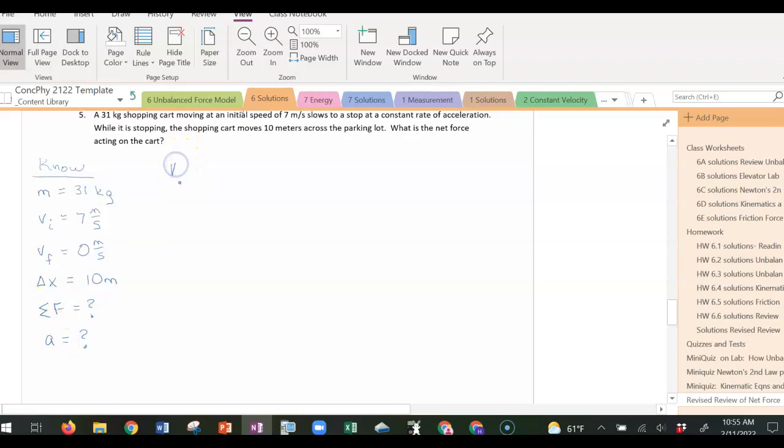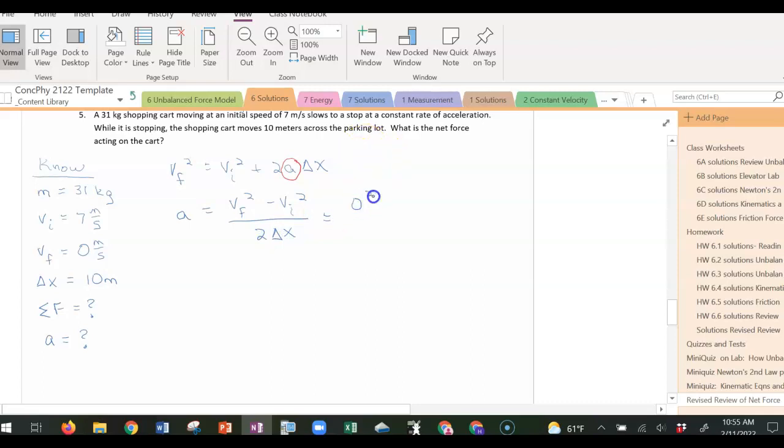That reminds me of the third equation: VF squared equals VI squared plus 2 times the acceleration times the displacement. In this case, the thing I'm going to solve for is the acceleration. So the acceleration would be VF squared minus VI squared, divided by 2 times the displacement.